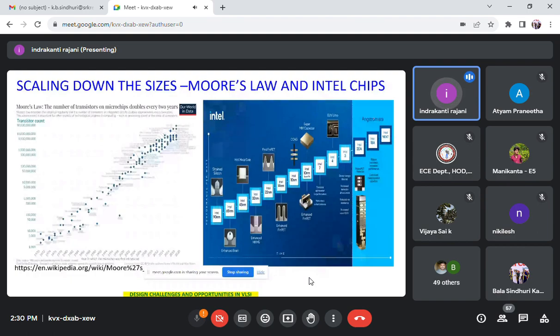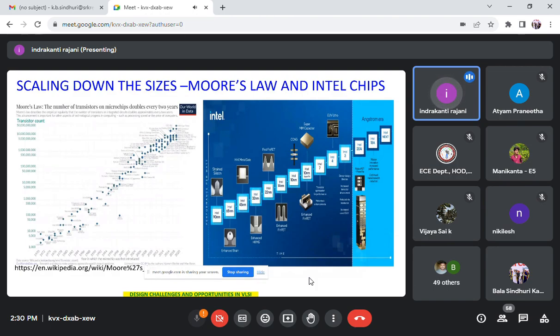In all these years, the size of the chips, whether in metal oxide field effect transistors, or bipolar junction transistors, or NPN transistors, or the diodes, whatever you take, the channel length has been decreased.